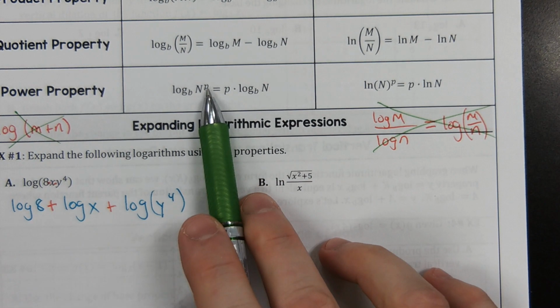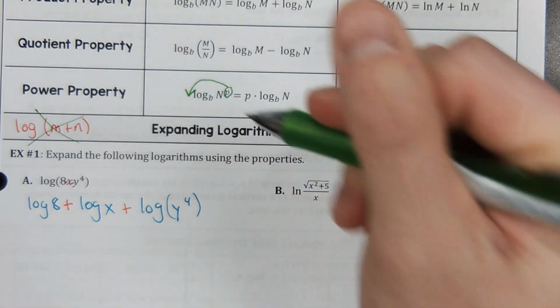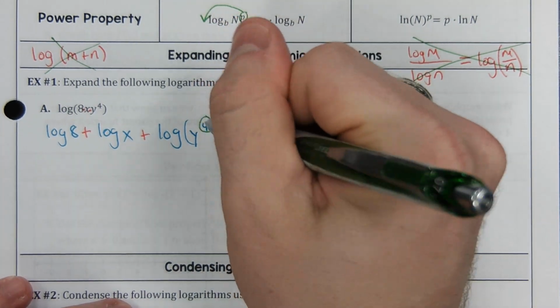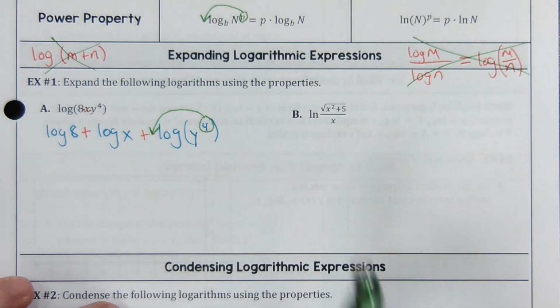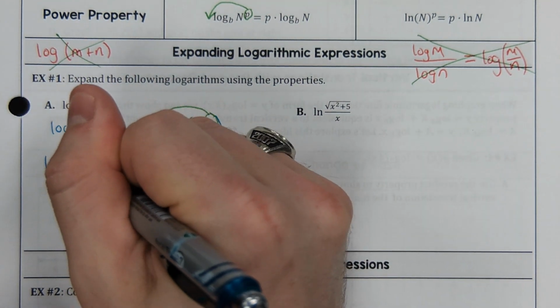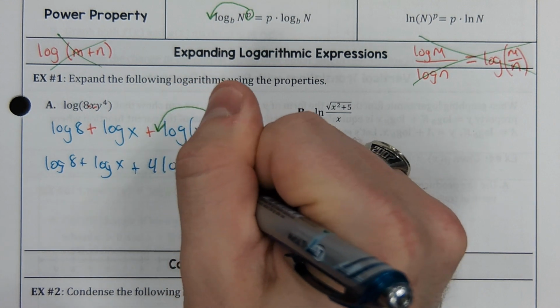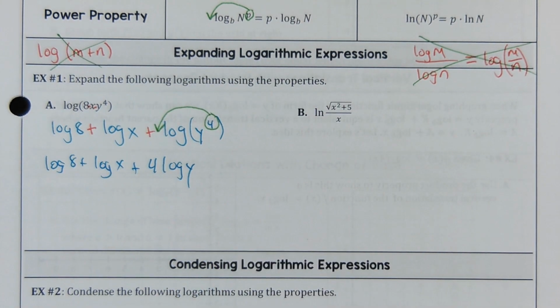Yep, we can take that exponent out of the exponent position of the logarithm and stick it on the front as a multiplication. So we can do the same thing here, take this 4 and put it right there. And this thing will finish out as log of 8 plus log of x plus 4 log of y. That is fully expanded.